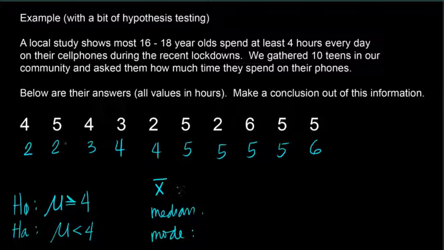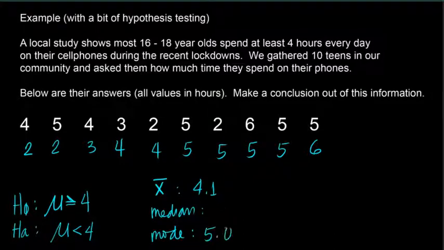Our mean is the total of these values divided by 10, and you should get 4.1. Use your calculators and you should get 4.1. Meanwhile, the mode is obvious. We have 4 occurrences of 5 hours.